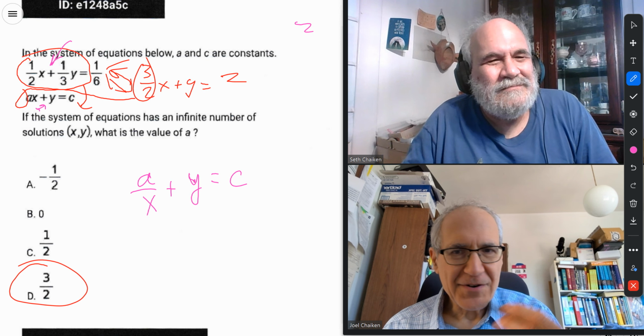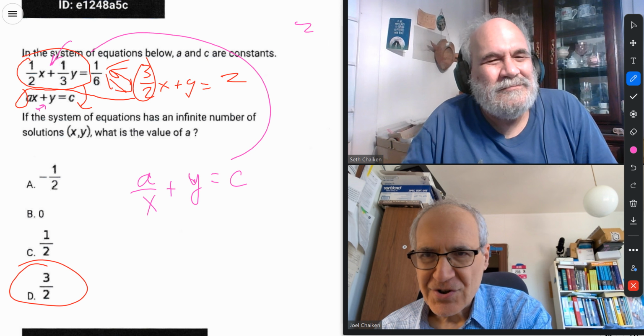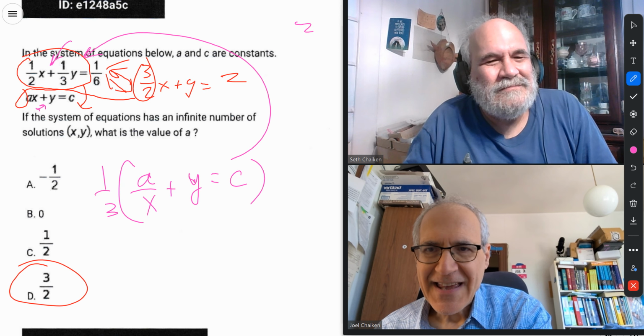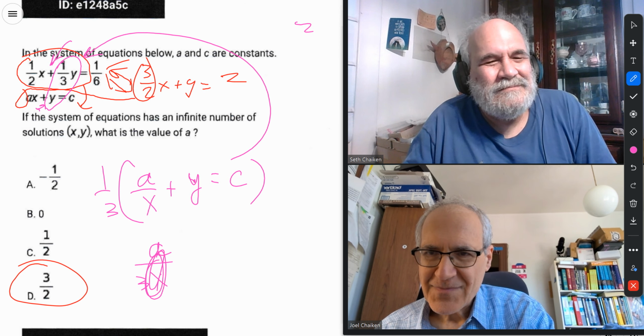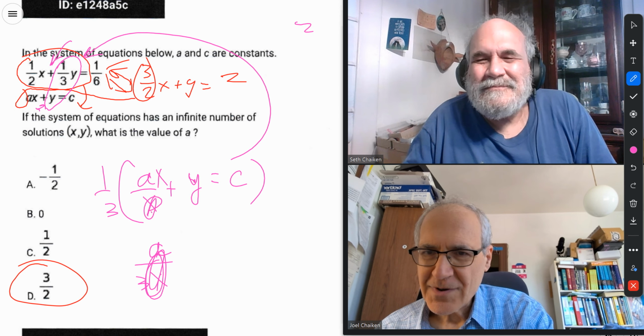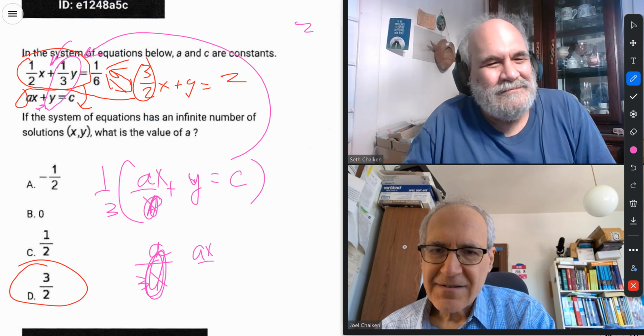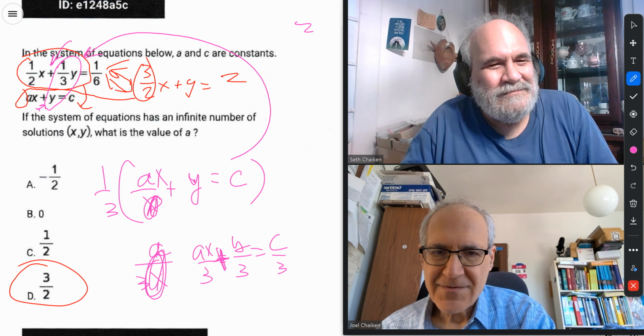So just hear me out. I want this equation to look like this equation. So I'm going to multiply the whole thing by a third. We know this for sure. So I get a over 3x, no. Ax divided by 3 plus y divided by 3 is equal to c divided by 3.